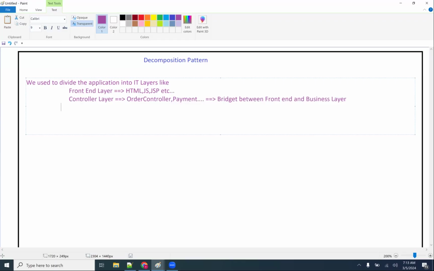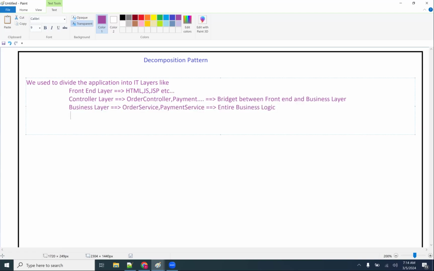Next, we have the business layer, where the entire business processing logic lives, like order service, payment service, something like that. Our entire business logic is over here.